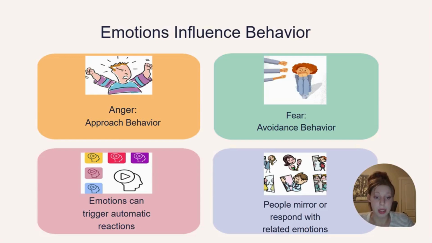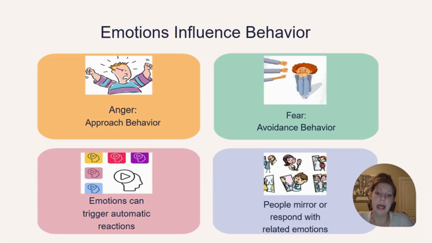This is done in order to try to get rid of whatever is causing them to become angry. Fear is an avoidance behavior, which means that people oftentimes in that situation act as an avoidant, in which they try to hide away from what is causing them that sensation, that fear.